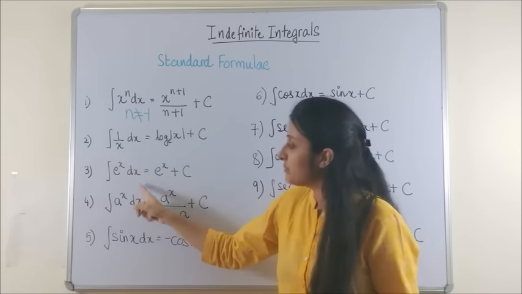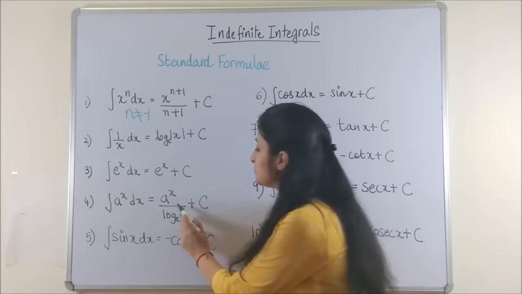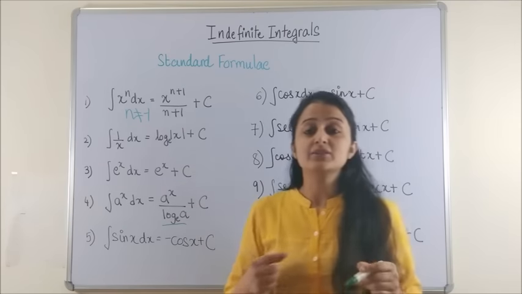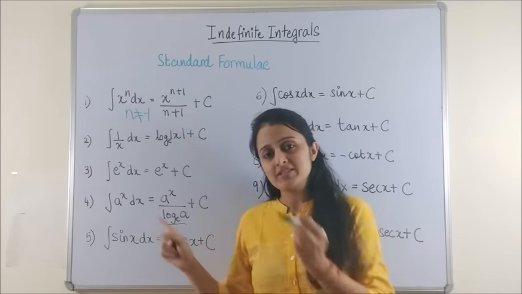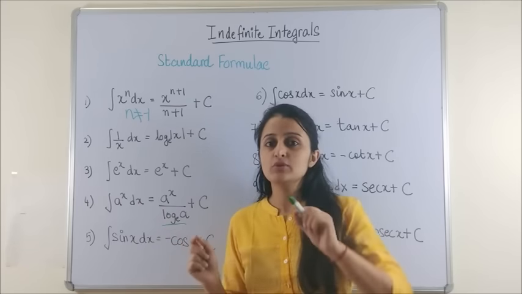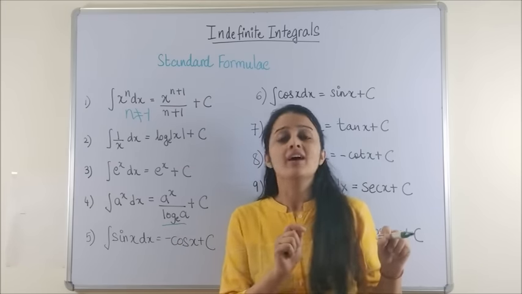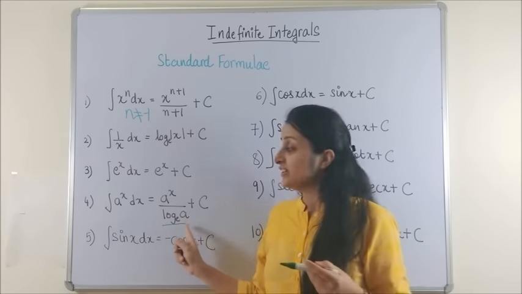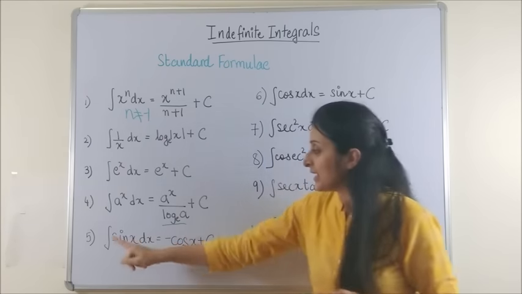Integral of a to the power x dx would be a to the power x upon log a plus c. Please note, whenever you came across this formula in derivatives, you multiplied with log a. However, integration is the reverse process, so you divide by the same number.